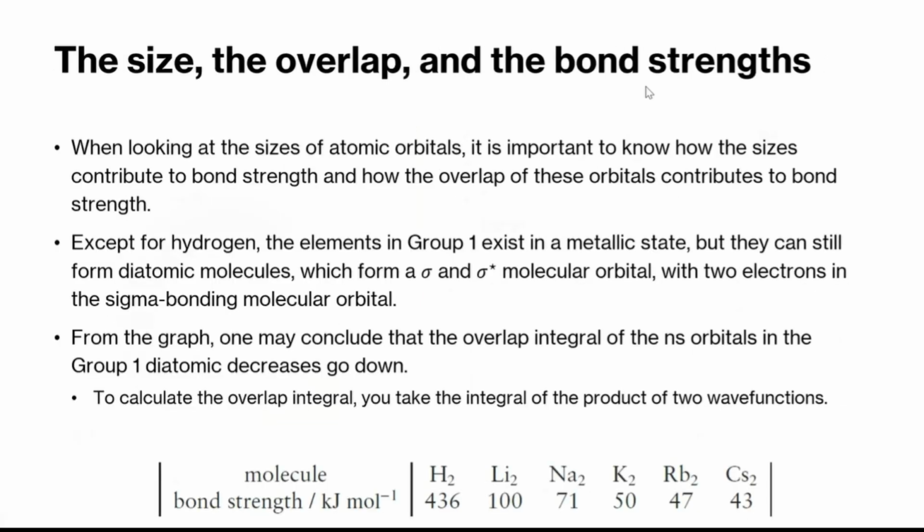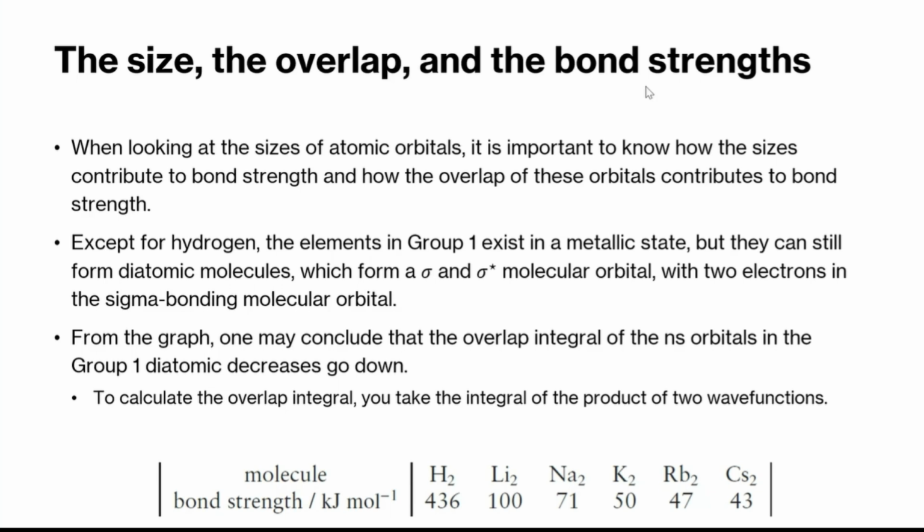Next we're going to consider the size and overlap of atomic orbitals, and how that affects bond strengths. When looking at the size of atomic orbitals, it's important to know the sizes and how they contribute to bond strength, and how overlap will of course contribute to bond strength. Except for hydrogen, every single element in the first group exists in a metallic state.